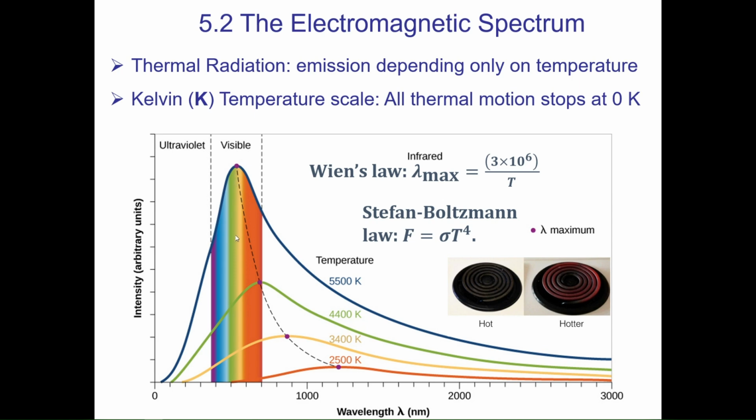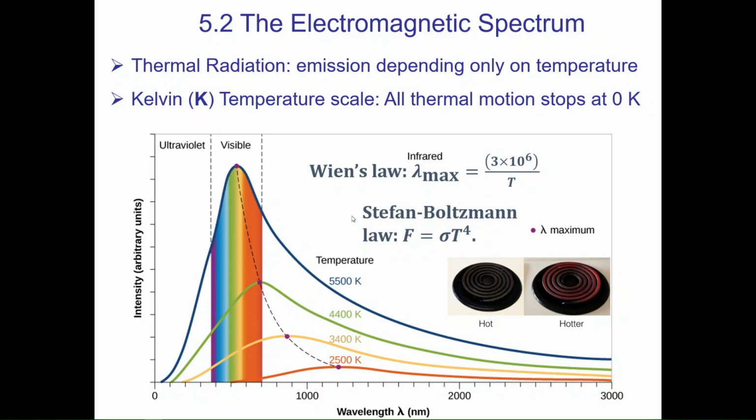You can see the corresponding wavelength is inversely proportional to the temperature. So the higher the temperature, the shorter the peak emission wavelength. That is the wavelength the object emits most of its light at.